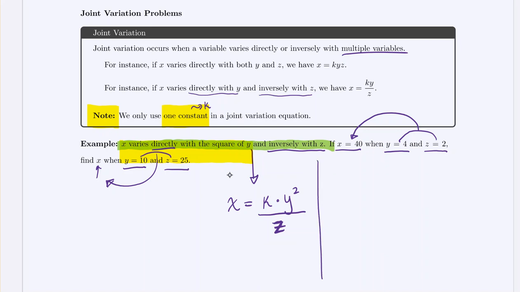So in our step 2, we are going to substitute these values into our equation to solve for k. So we were told x was taking the role of 40. We don't know k, that's what we're looking for, but we know y took on the value of 4. And we know z takes on the value of 2.